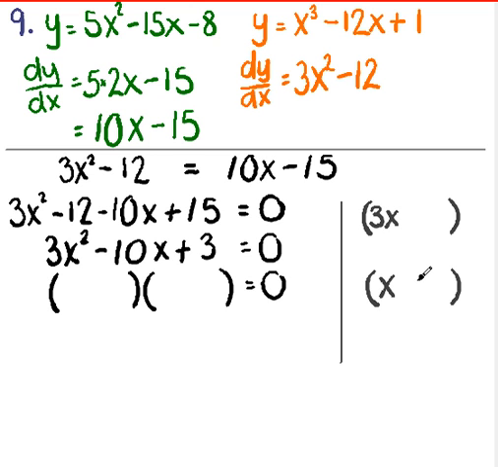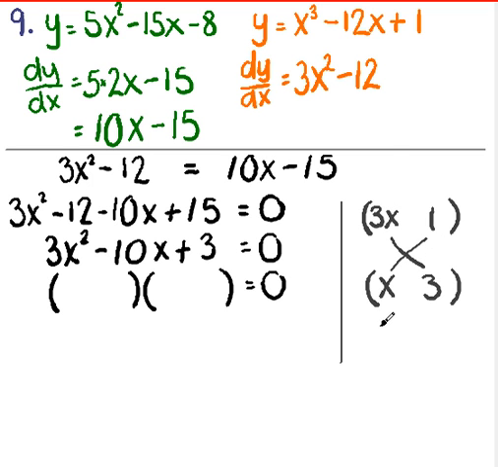What we're trying to get now is 3 at the other end, and we can achieve that by having a 3 in one bracket and 1 in the other. So if we think carefully, then we can get it the right way round first time.